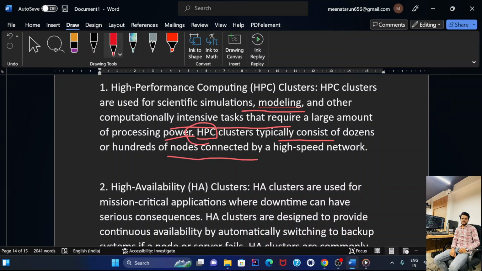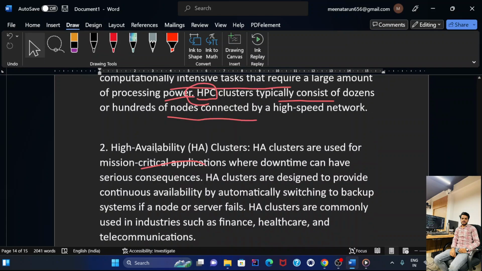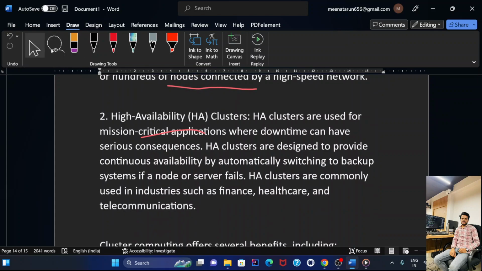High availability clusters are used for mission critical applications where downtime can have serious consequences, and they are designed to provide continuous availability of service, automatically switching to a backup system or node if a node or server fails.